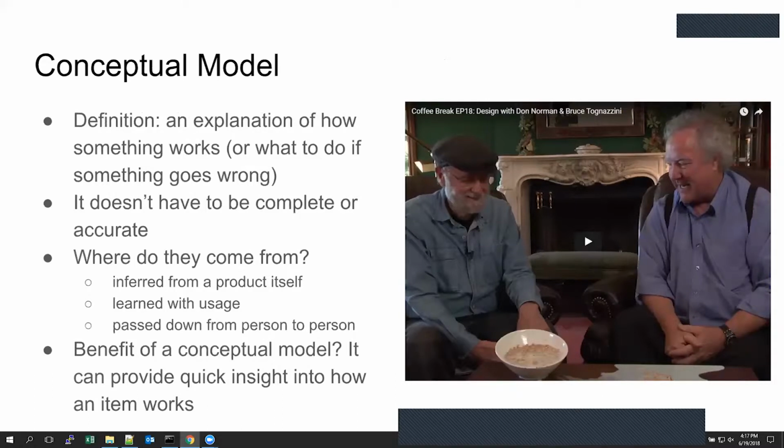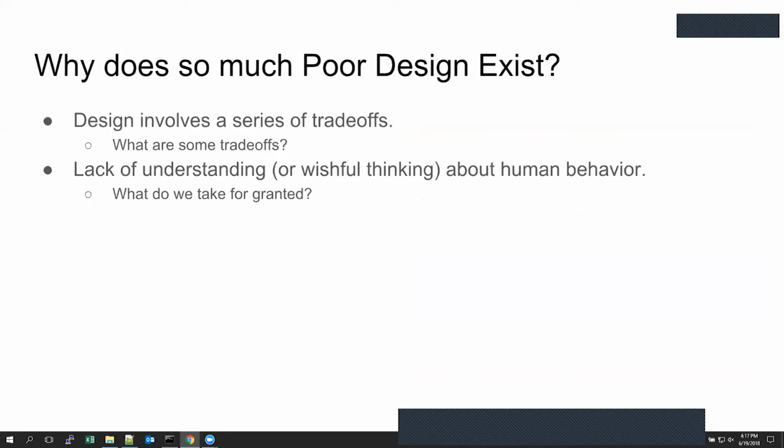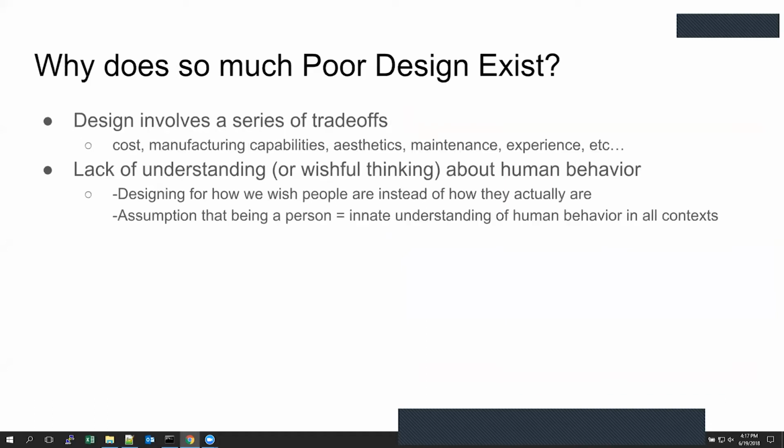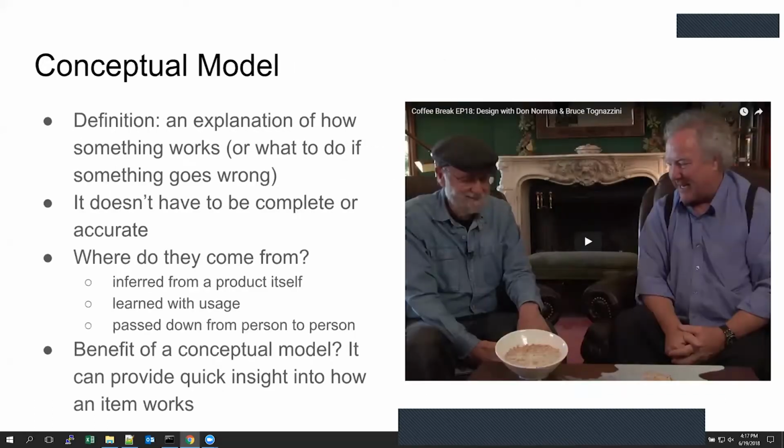This first slide is actually one of the videos I'll be showing now. On the left-hand side, you should be able to see Don Norman. For some reason I said John. Don Norman will be talking about something called a conceptual model.